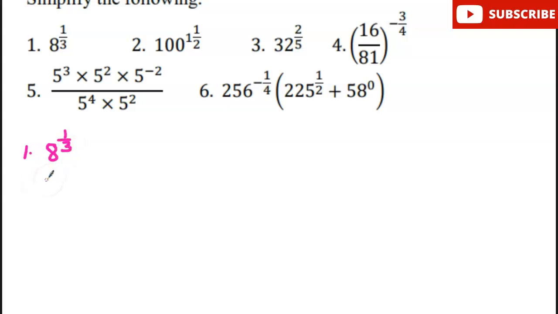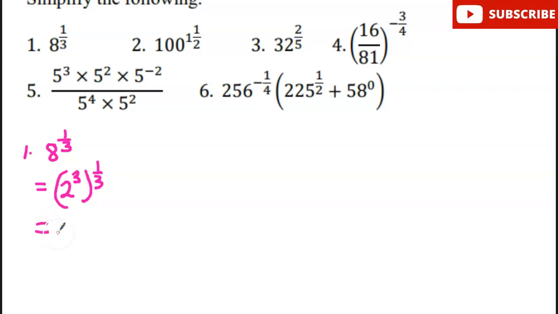This particular question, there are so many ways of doing that. One, let's break 8 into simple numbers. We can write 8 as 2 to the power 3, all raised to the power 3.